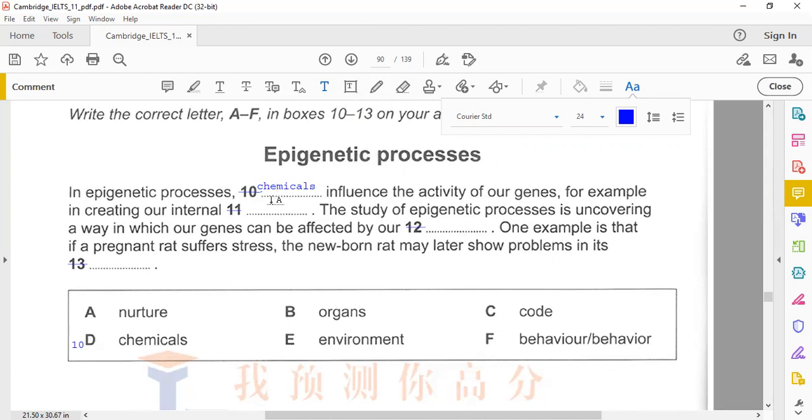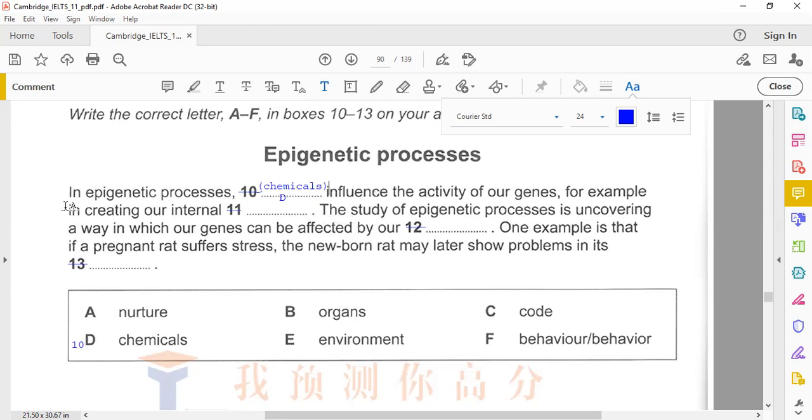This is not the small letter d, but the capital letter D. So this letter goes here. Again, D means chemicals. I'll put a bracket around them.